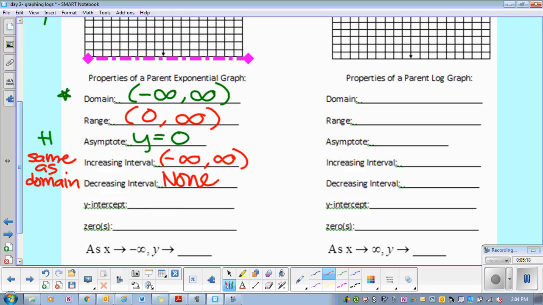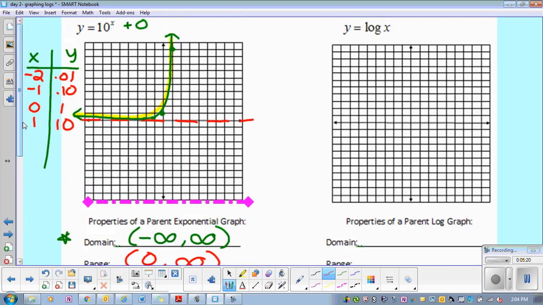Now let's see, y-intercept. What is the y-intercept here? When x equals 0, my y equals what? 1. So 0, 1. Good.